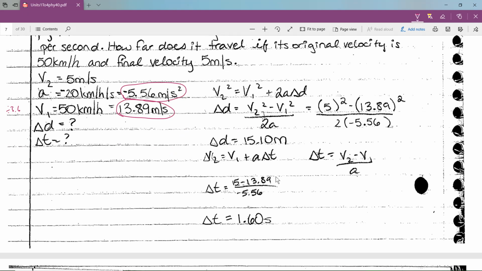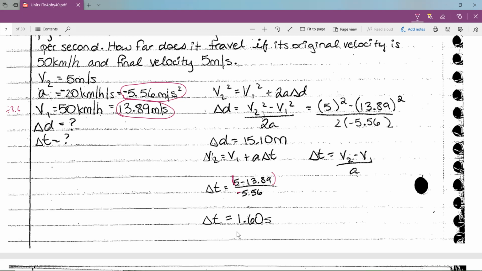And then the delta T is delta V over A. So V2, what's V2, my final? You have 15 there. That's not 15, that's 5. 5 minus 13.89, so minus 8.89 divided by minus 5.56, which was the acceleration in units of meters per second squared.